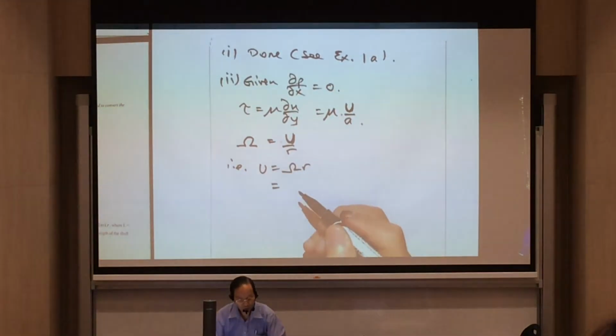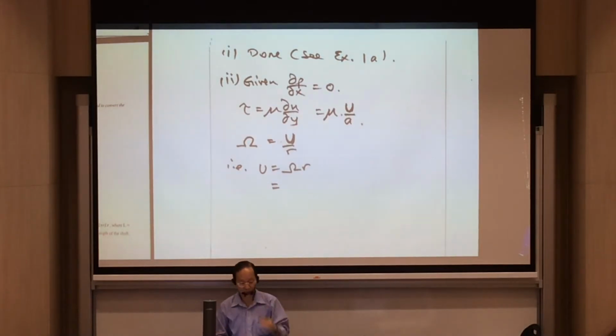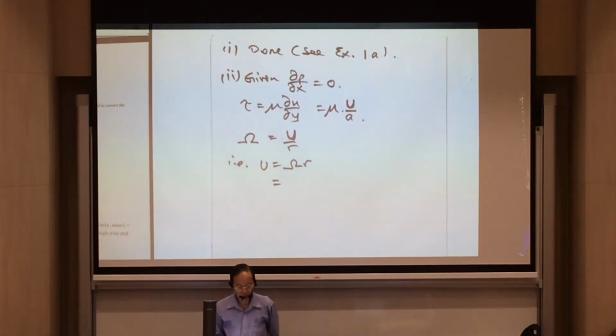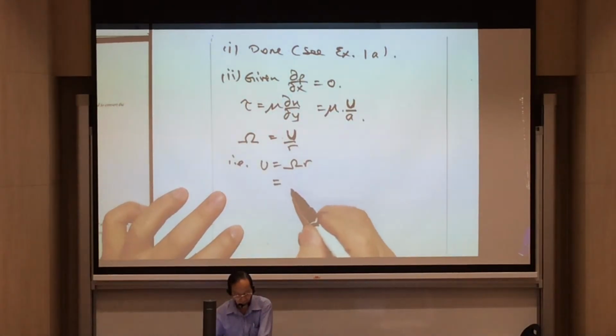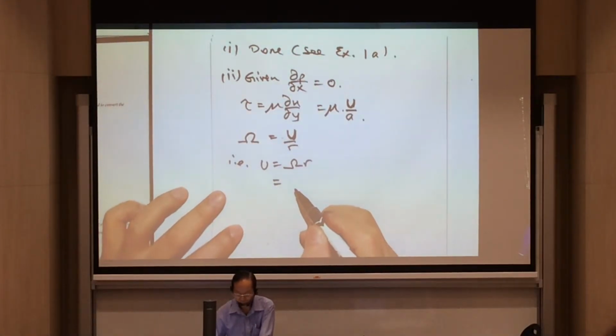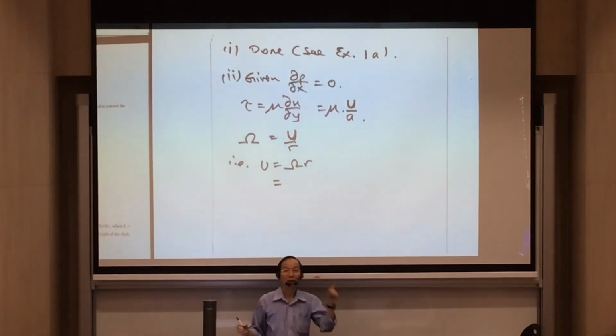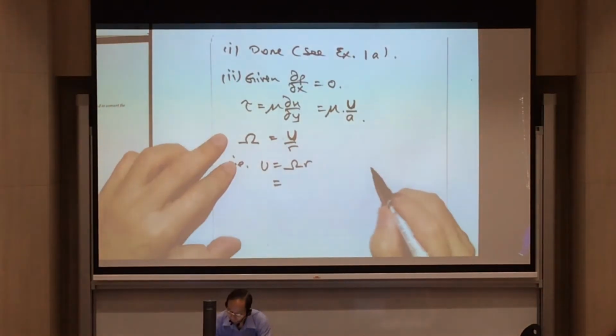What's our omega? How to convert rpm to omega? Be careful of the units, this is rpm. So what's the omega?